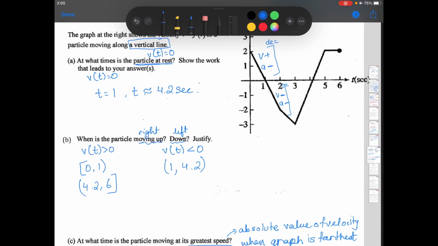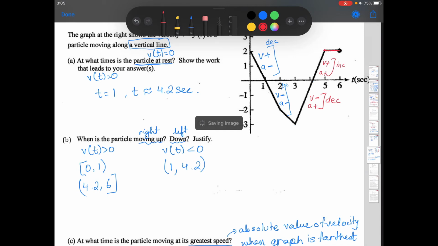Then from 3 to 4.2, my velocity is negative, but my acceleration is positive because I have a positive slope here. And from 4.2 to 5, my velocity is above the x-axis, so it's positive. My slope is increasing, so my acceleration is also positive. So it's increasing here. I'm going to write increasing, decreasing.